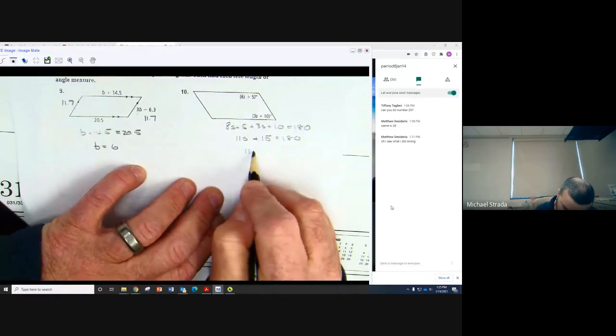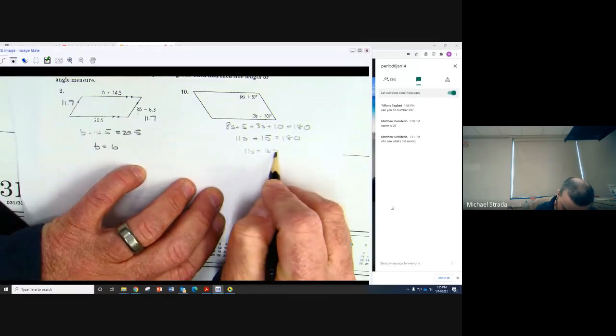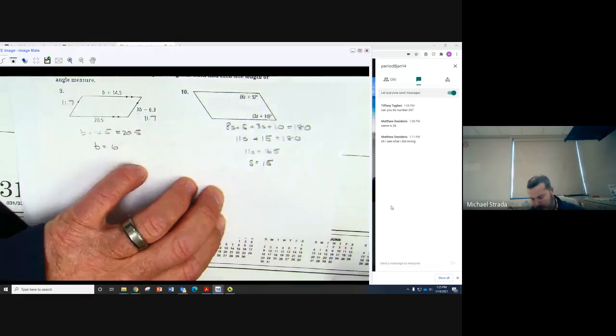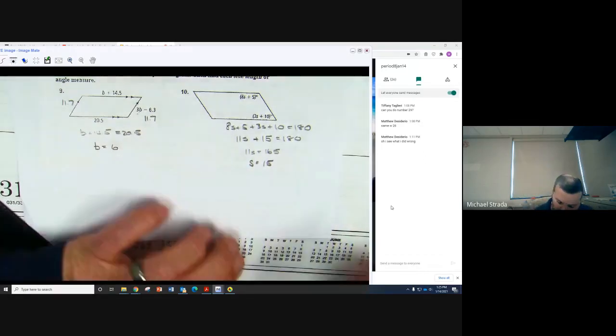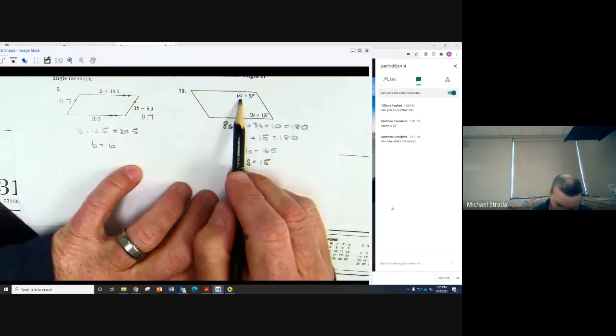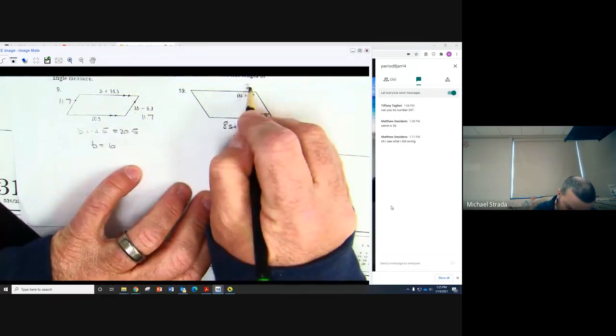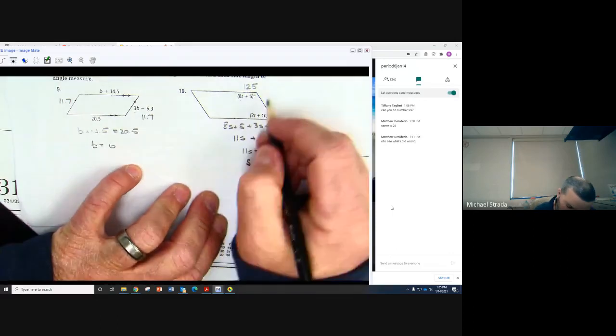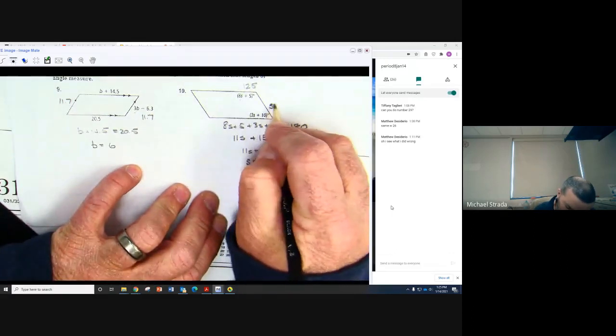Subtract the 15, 11s equals 165, and s equals 15. You then plug it in. 8 times 15 is 120. 120 plus 5 is 125. 3 times 15 is 45. 45 plus 10 is 55.